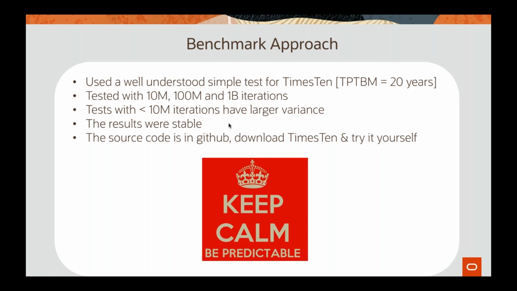I wanted very predictable results. I was getting about the same results for 10 million as 100 million. Obviously, 10 million iterations takes less time, so the tests were done with 10 million iterations. There's nothing special about this code. It's all on GitHub. You can download it and try it out yourself.